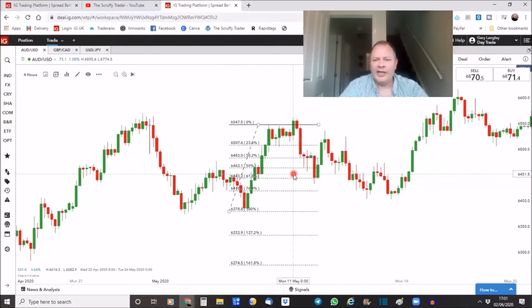I wouldn't try and catch each wave. It's very dangerous because no system is perfect and nothing works 100% of the time. Stack the odds in your favor by looking for the dominant trend and then trading with it. Okay? So you will be trading into the 50%.